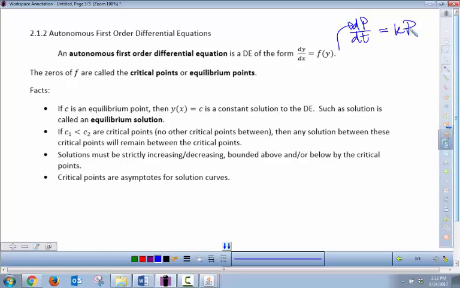So our very first example where we said dP/dt is equal to kP, the rate of change of population is proportional to the current population. That's an example of an autonomous differential equation.